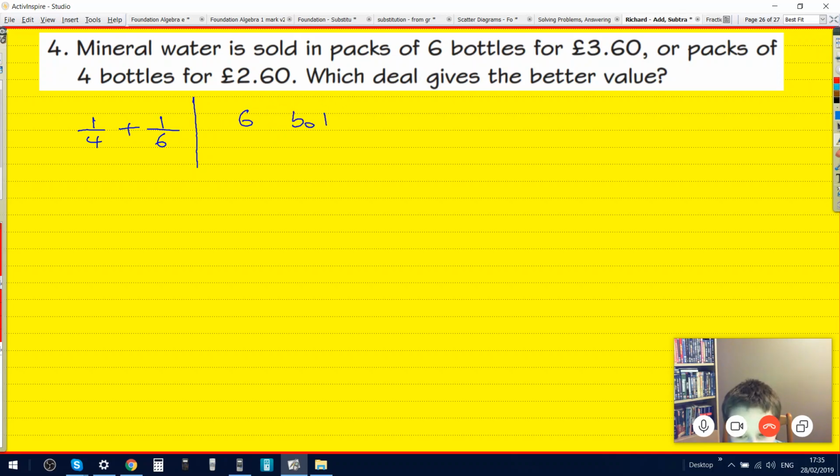And so how would you get the price of 12 bottles for the first one? For 12 bottles, you would work out how many times 4 goes into 12. Wait, the first one is the 6 bottles. Oh yeah.